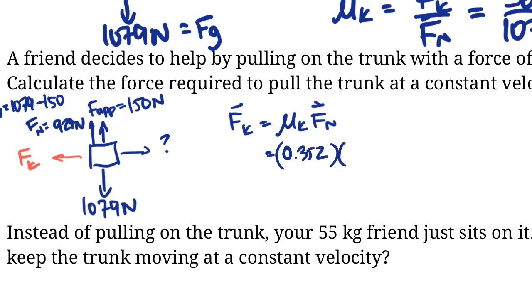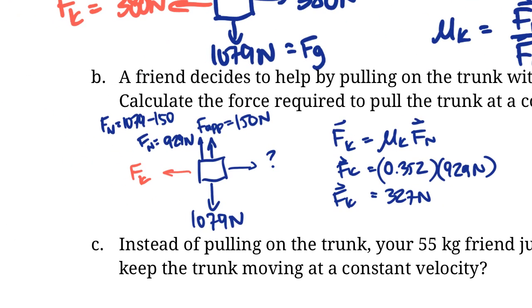And then times the normal force, which was 929 newtons. We can calculate this as our kinetic friction: 0.352 times 929 is 327 newtons. There we go. So that means the force of kinetic friction has to be 327 newtons.